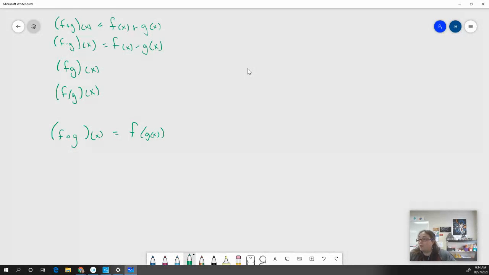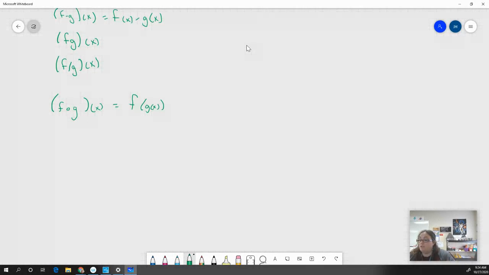G of x is our input into f. Now, it sounds like it might be complicated, but it's really not that bad. And I think the best way to show it to you is to just give you examples.